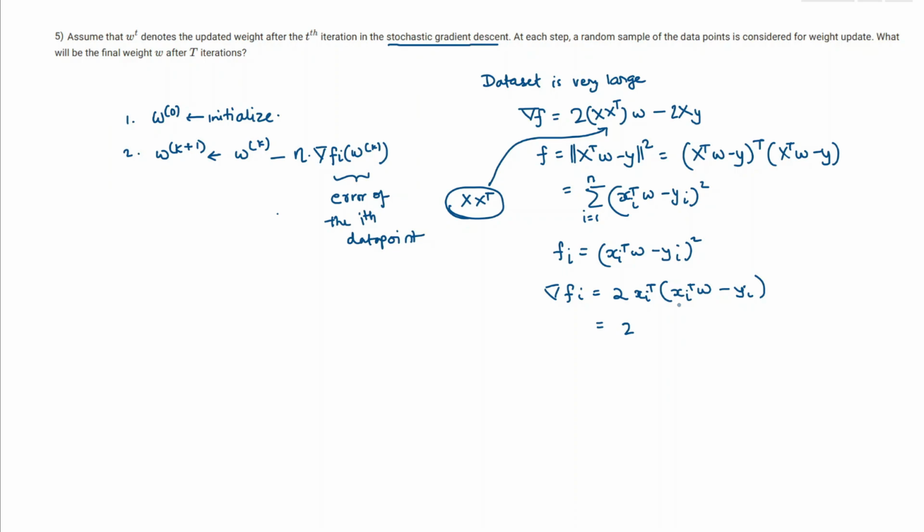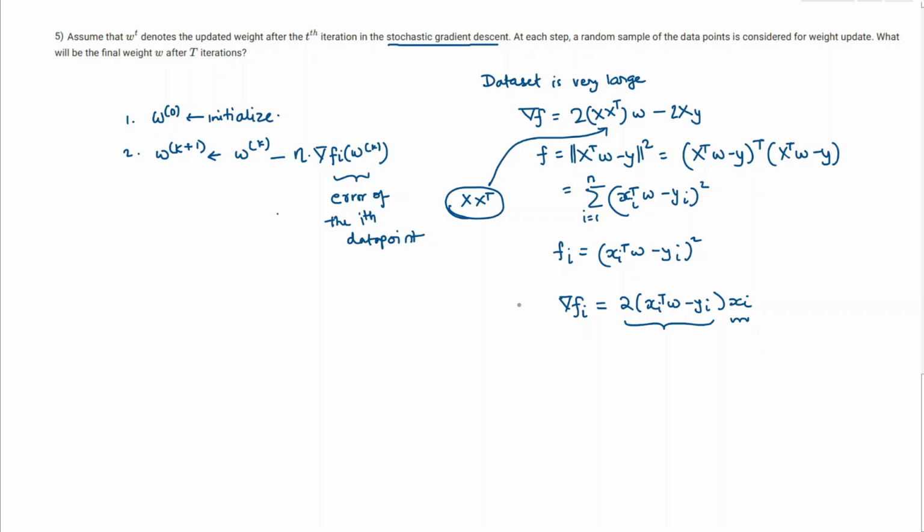And x_i transpose w is a scalar, right? So the gradient of f_i is given by 2 times (x_i transpose w minus y_i) multiplied by x_i, right? So this is actually a vector, and this is the scalar component, and this is the vector component, right?